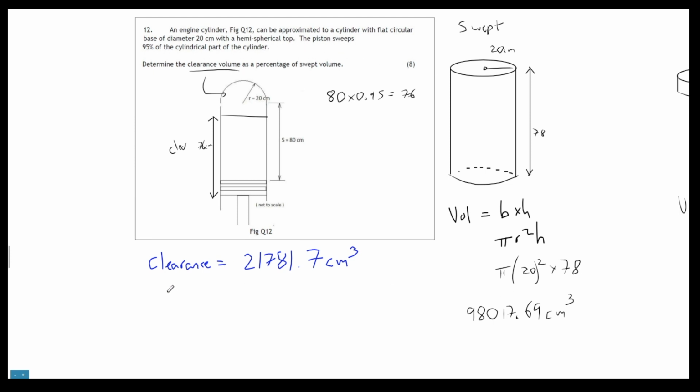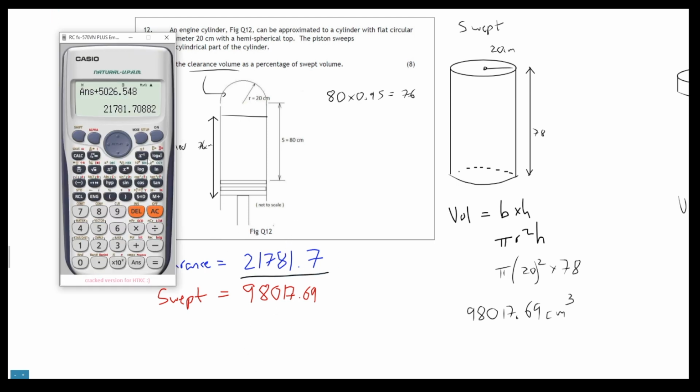Then the clearance volume as a percent of the swept volume. Swept is equal to 98,017.69. We don't really need the units, so let's get rid of them, because we want to calculate a percentage, which means we have to divide one by the other. So we're comparing them: 21,000 divided by 98,000 and change.